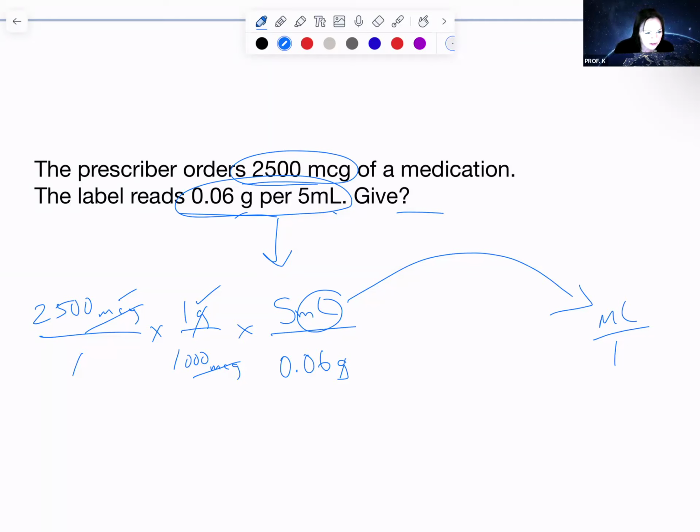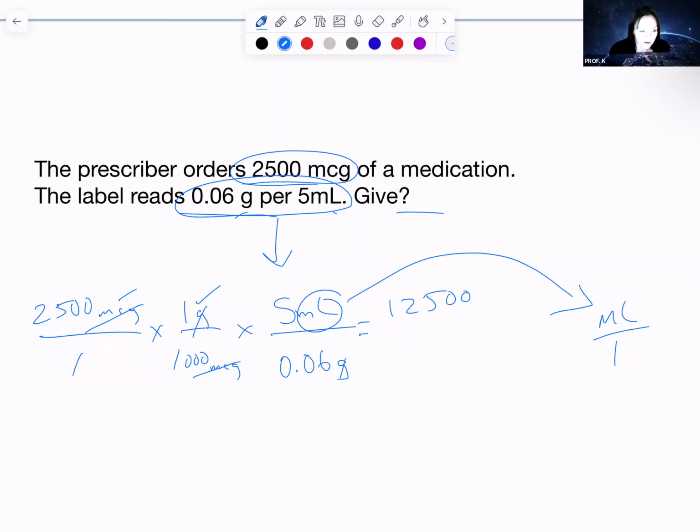Oh, wait, is that 5 or 2? Hold on. Let me do this math with you. I might have found my own error here. No, I just transcribed it wrong. Weird. All right, so that's 1,200. Hold on. Might as well correct it while I'm here. Bear with me.